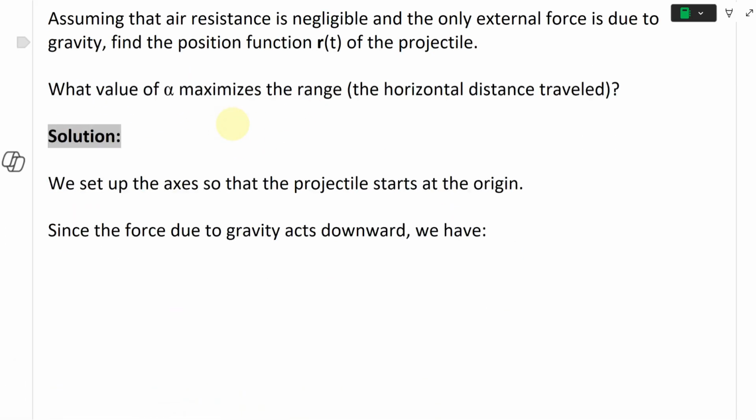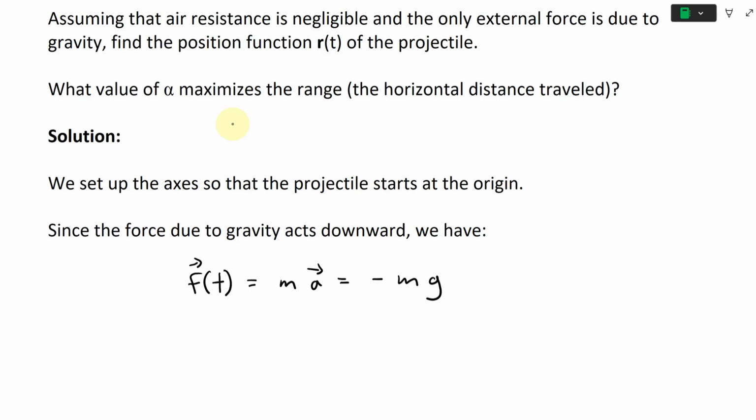So the force due to gravity is F of t, and this equals m times acceleration, which is negative mg, because acceleration a is just negative g. It's aiming downwards, so it's in the y component, the j component.